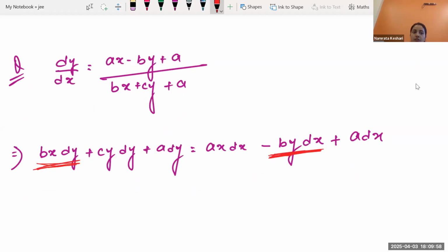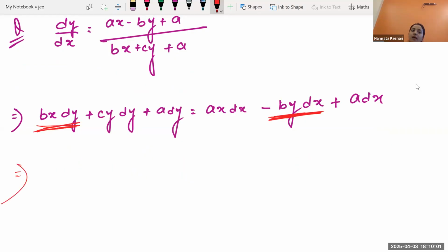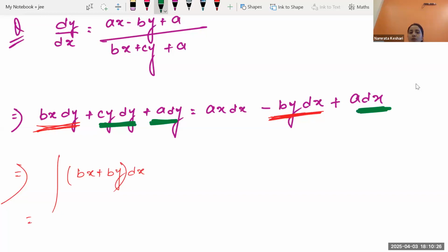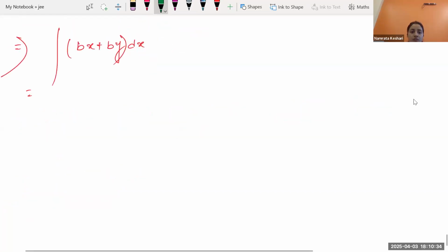If we take it together, that means bx dy plus by dx. If we do the integration, at least for this one, because others are not a big deal, this one and this one we can do easily, right? Yes, ma'am. So only this one.